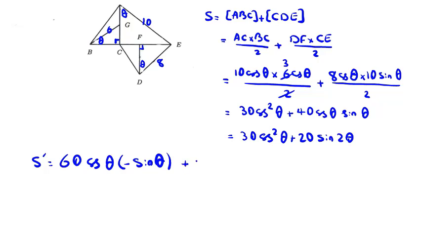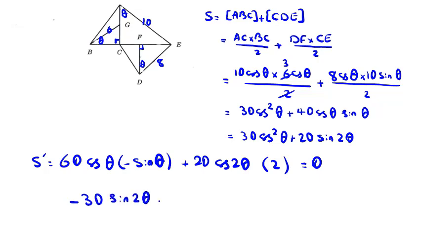Negative 2 times this will be sine 2 theta, so negative 30 sine 2 theta, and plus 40 cos 2 theta equals 0. So you can divide both sides by 10.